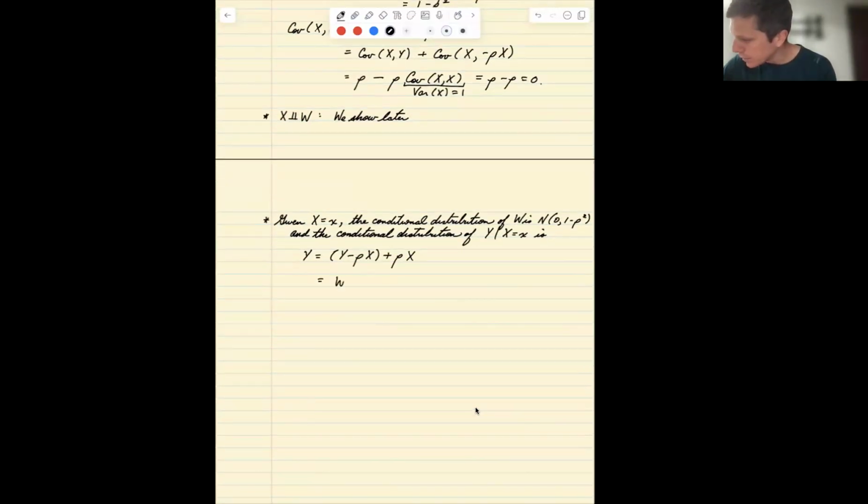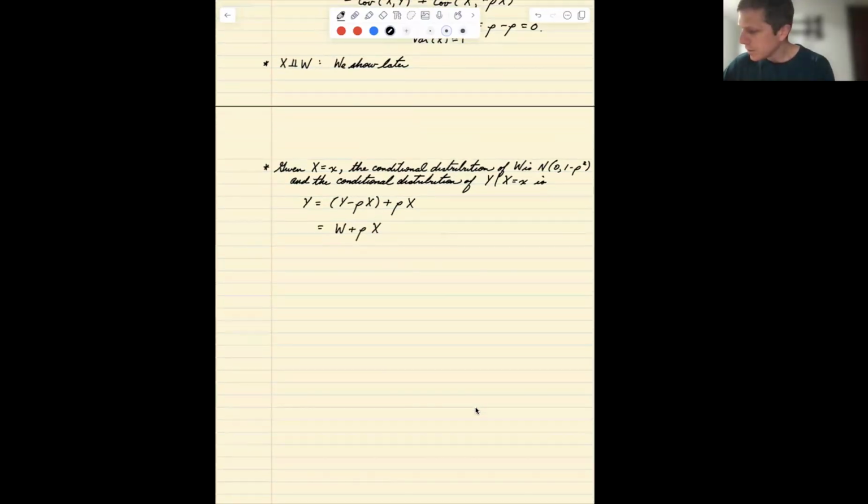Y is equal to W plus rho X. So given X equal to little x, Y is equal to W plus rho little x, which is normal with mean rho x and variance 1 minus rho squared.